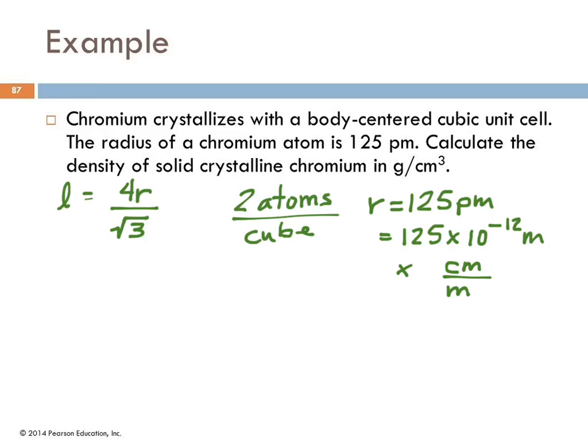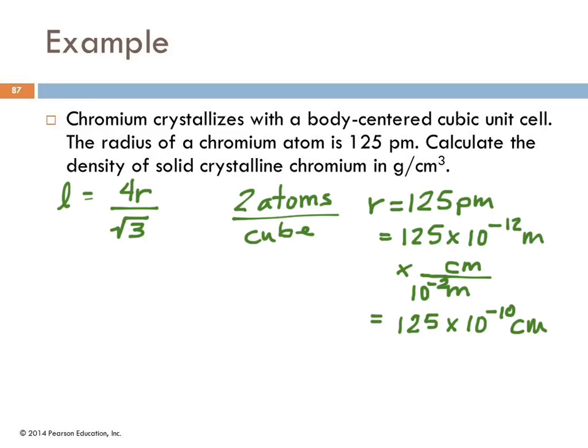And what's the relationship there? Centi means 10 to the minus 2. So I'm going to divide by 10 to the minus 2. So I'm going to end up with 125 times 10 to the minus 10th centimeters.